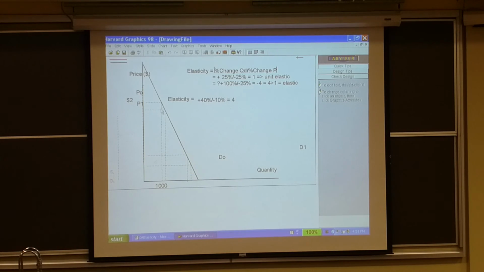The price falls by the same amount, roughly, and the increase is the same. So once again, we have $2, falls by $2, goes up by 1,000. So the slope is the same. We know that. It's a linear demand function.